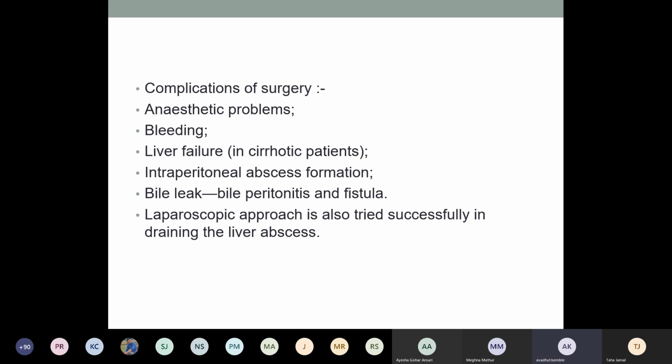A new approach to this abscess is the laparoscopic approach, which has been tried successfully and is still under evaluation, and the indications for laparoscopic approaches are different.